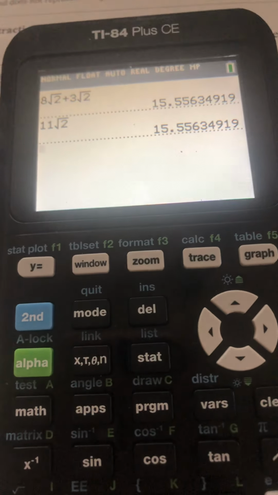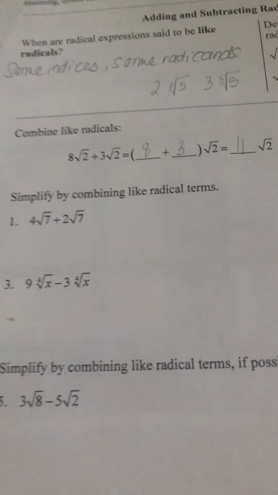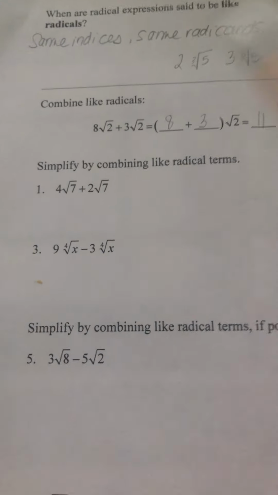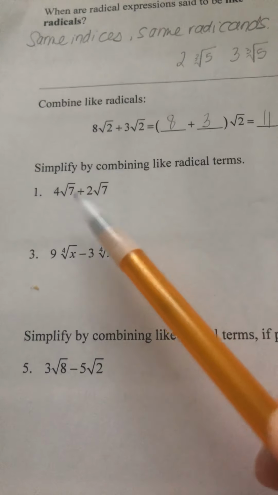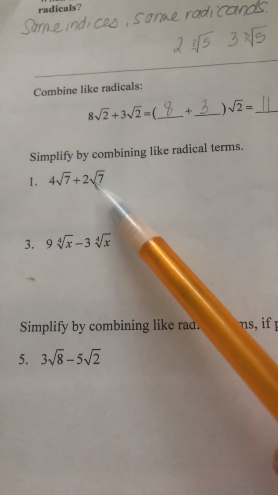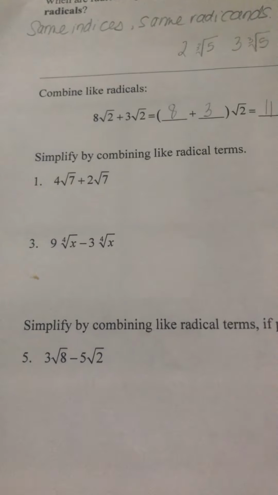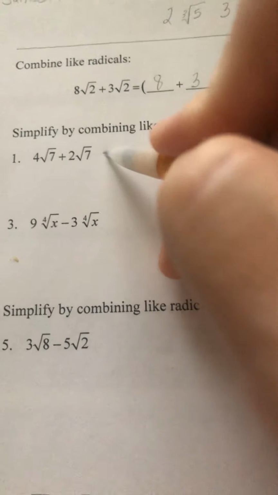That's using the calculator. In the next ones, I think, well, you have to verify on the calculator in the section after this. So simplify by combining like radical terms. So these are alike because remember they have same indices, same radicands. So you can add the numbers in front and keep the radical piece the same.